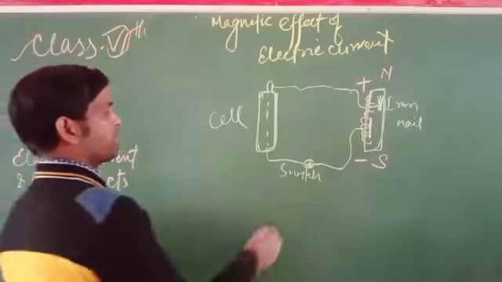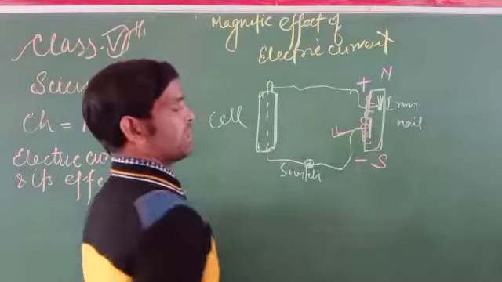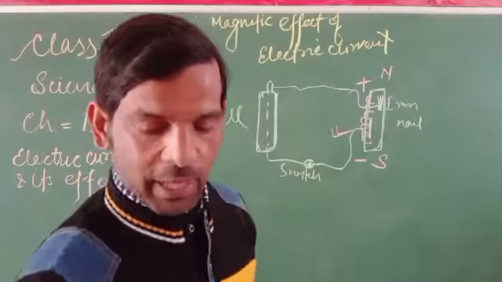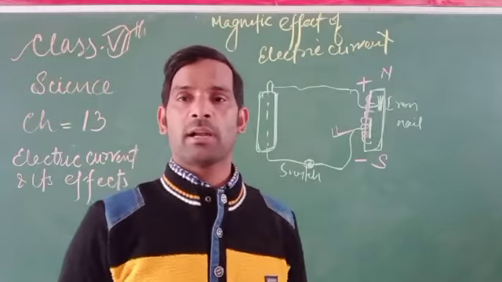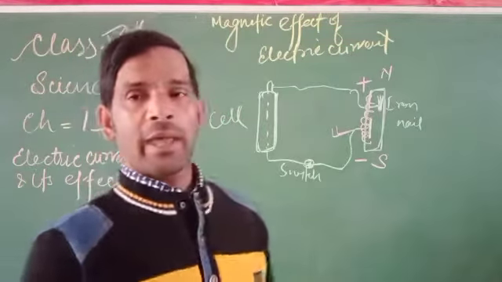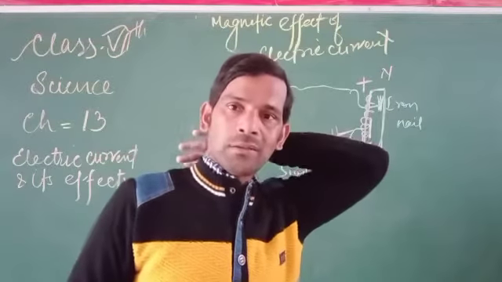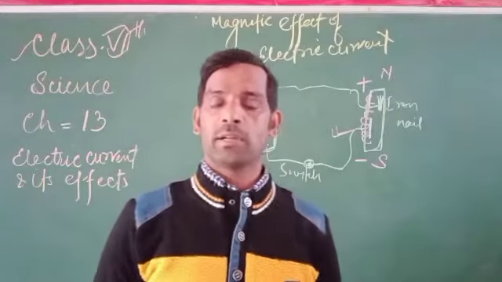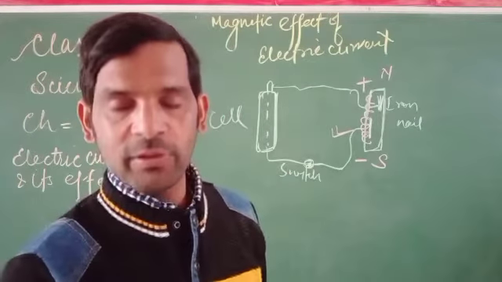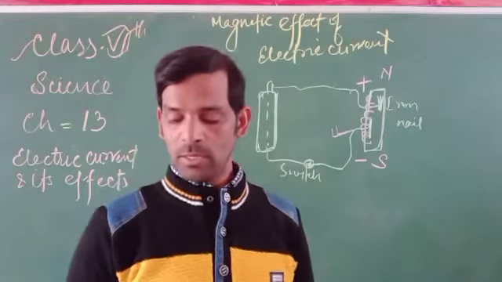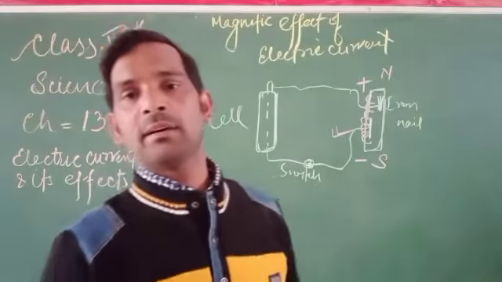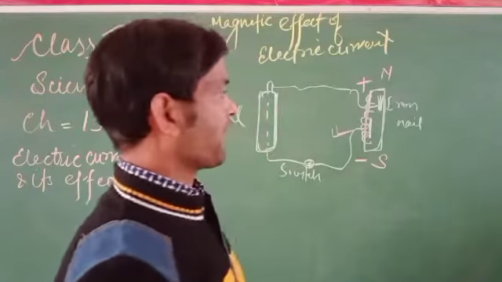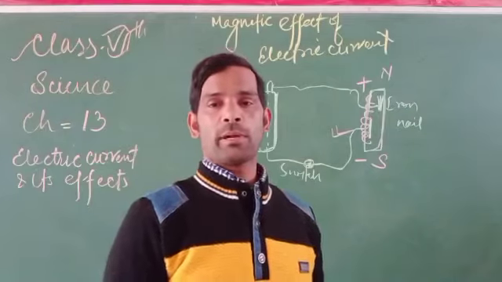Why is it called a magnet? Because when there is a continuous supply of electric current in a conductor, it can act as a magnet, or it can have the characteristics of a magnet, carrying magnetic properties.